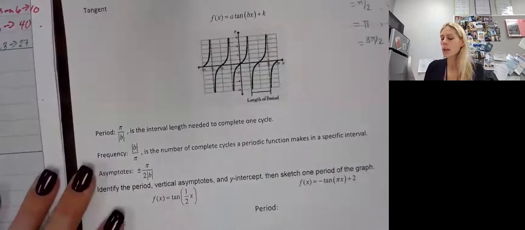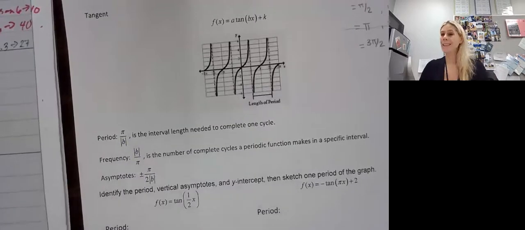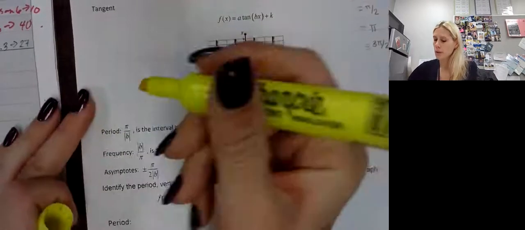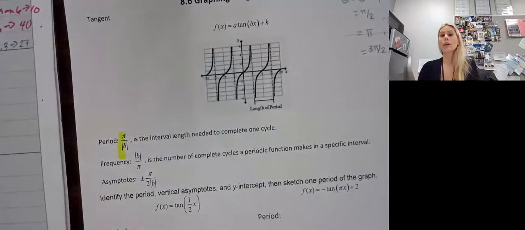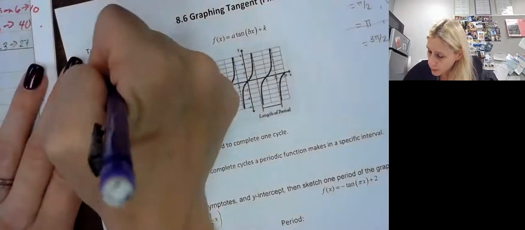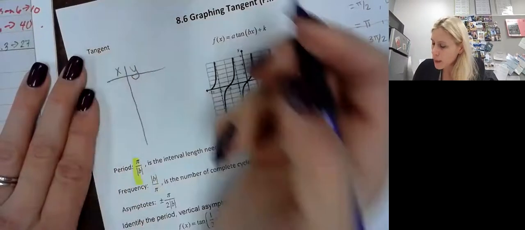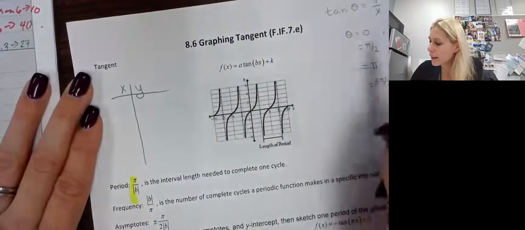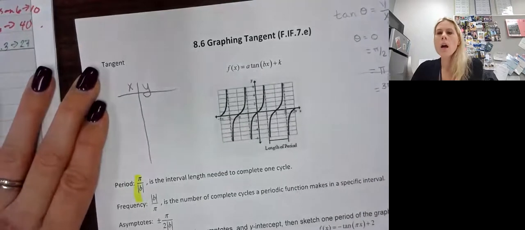That's because our period now, to find our period, is pi over b. It's not 2 pi over b. So that's going to be our tricky part, okay? So let's set up what our table would look like for our transformations. Well, instead of going just the 3 points, because remember for cosine and sine, we used 5 points, right?